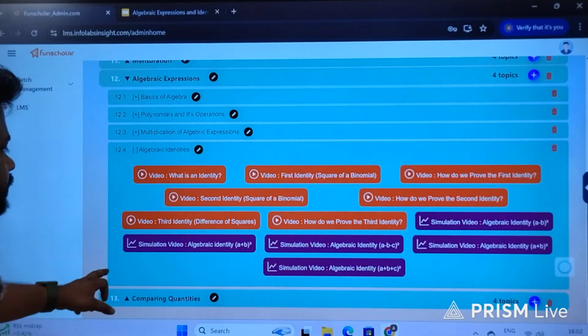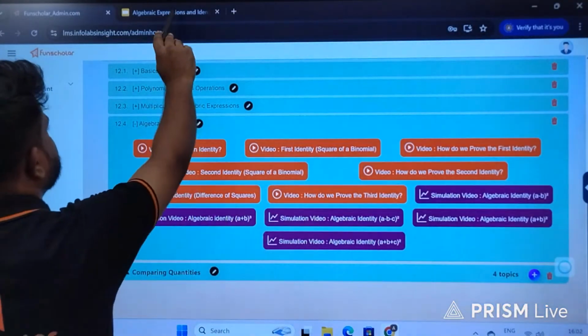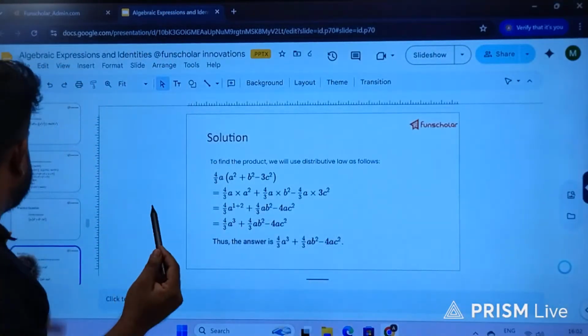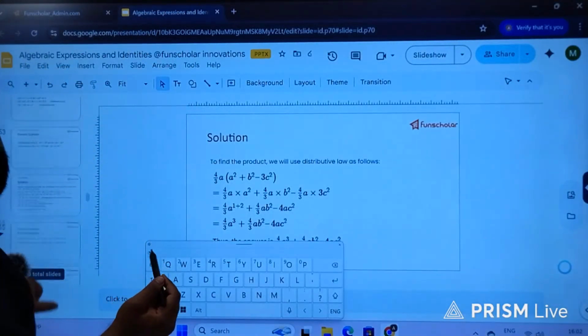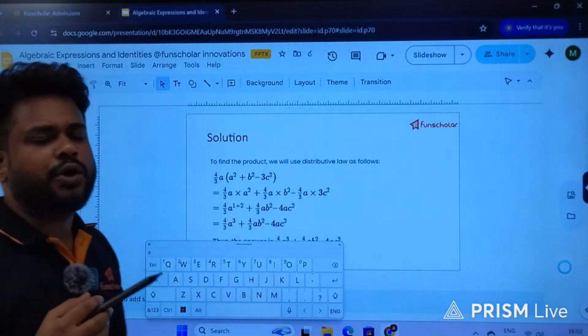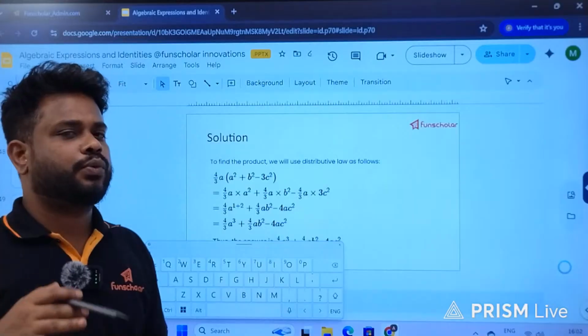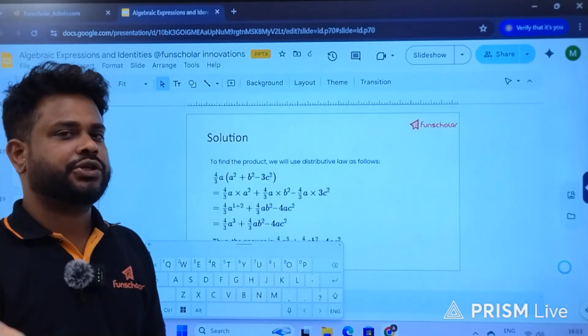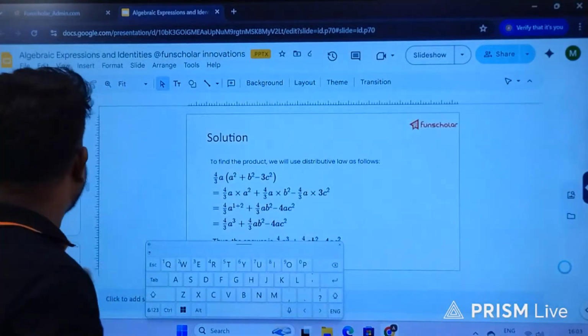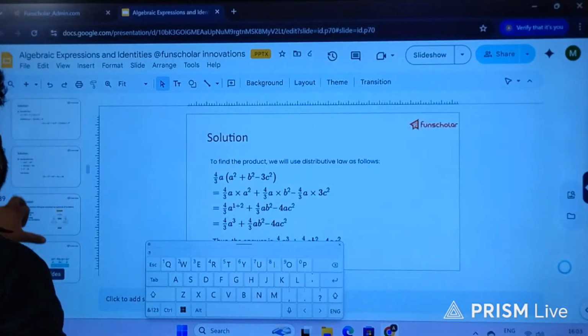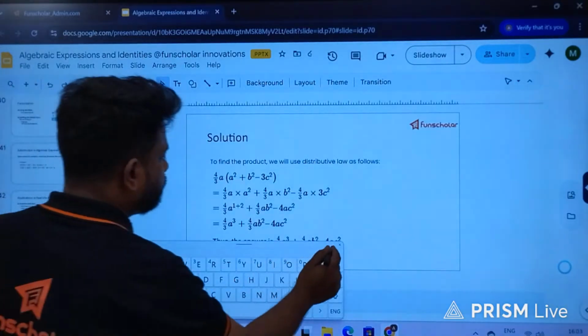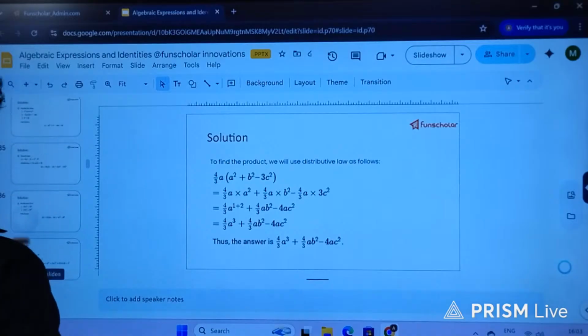So it does have some examples, also the videos, but I won't be playing all the videos here. The videos you can watch in your application or from the website of FunScholar. And so let's understand this with the slides as well.